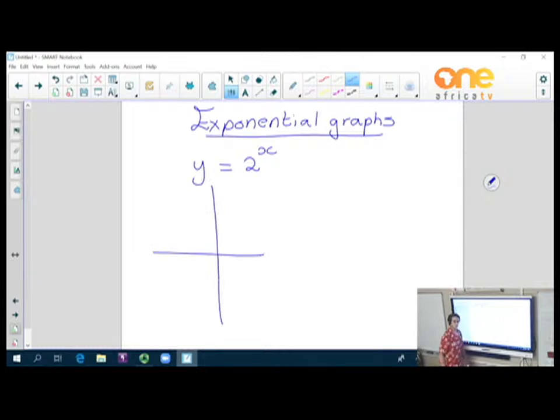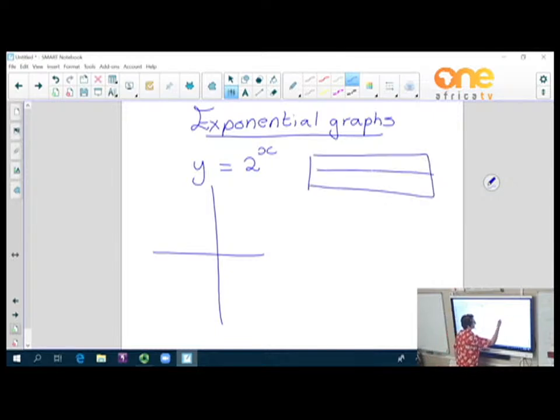We can draw these graphs with a table, choose a scale, and you can draw the graph there. So I set up my table with my x and y values, and that is how I will plot my points. Now, 2 to the power of 0 is 1. Anything to the power of 0 is 1. So it's going to cut at 0, 1.